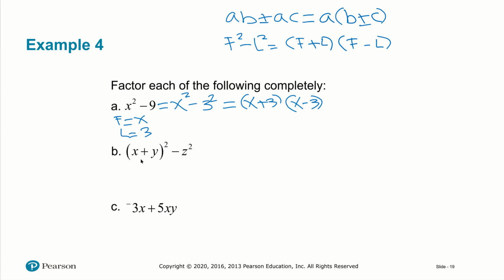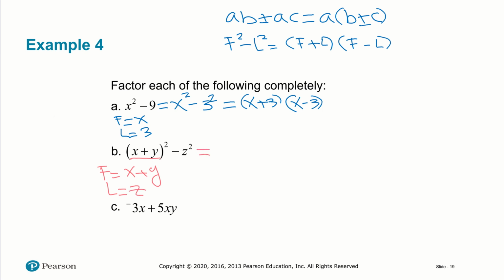Now, this one, it looks like, wow, I can't use this. This is more complicated. No, not at all. Because remember, you can treat the entire x plus y just as some number, let's say u. So you're just going to get u plus z times u minus z. The point is just treat the whole expression inside the parentheses as your first. So your first here is x plus y, and your last term is z.